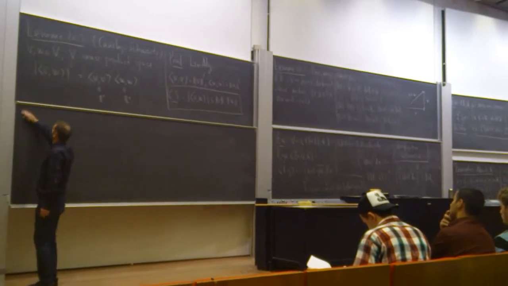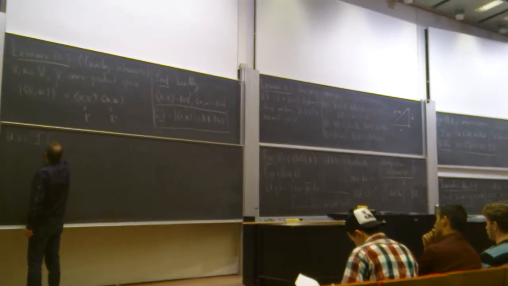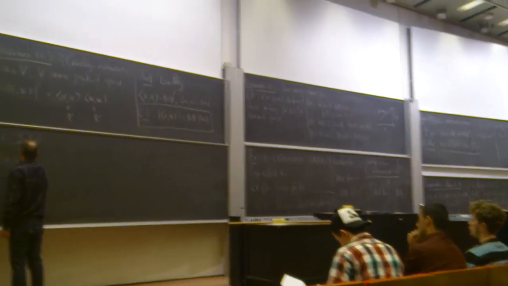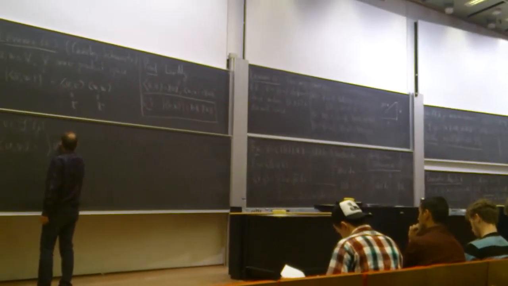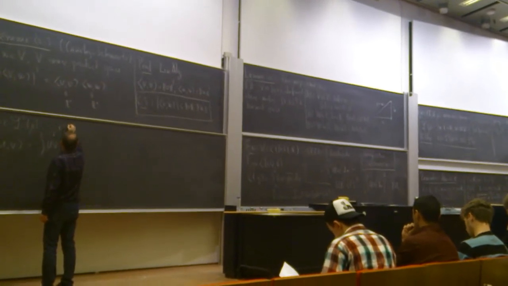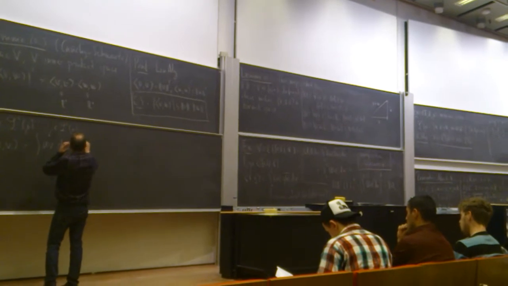So in other words, if I have u and v in L2 of mu, then we can define a wannabe inner product of u and v to be the integral of u times v d mu. And remember, this belongs to L1. So therefore this makes sense, and this is a real number.